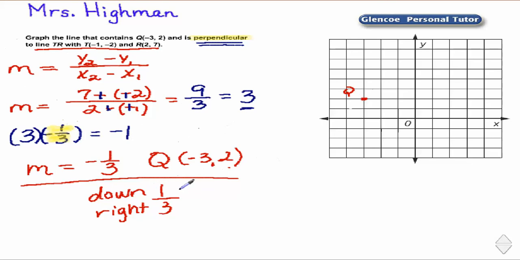Down 1 is a negative, 3 to the right is a positive. So from point Q, we go down 1, and then 1, 2, 3 to the right. And we plot a second point.